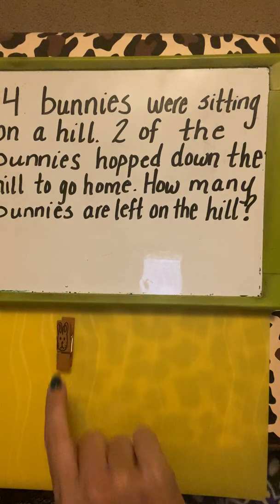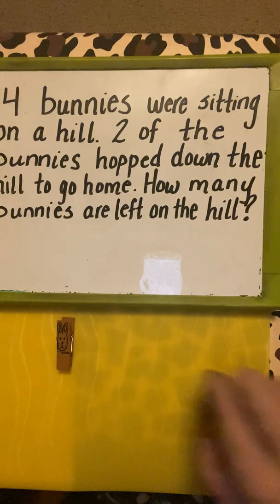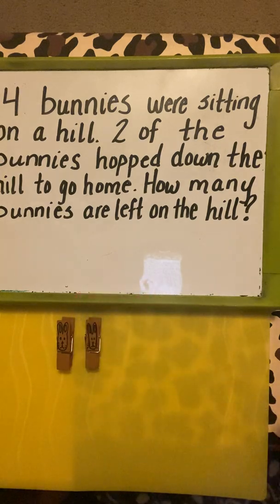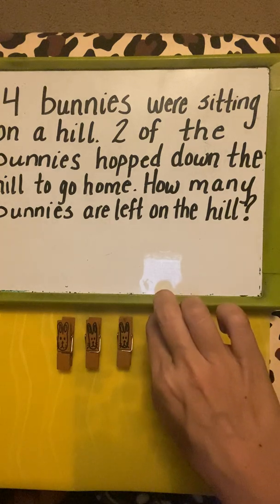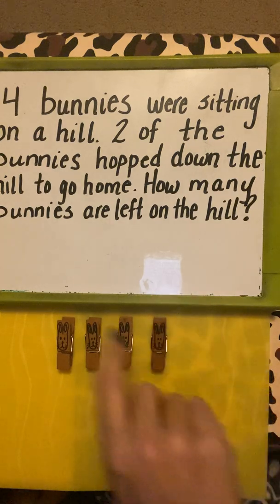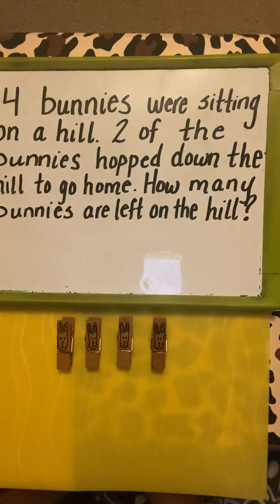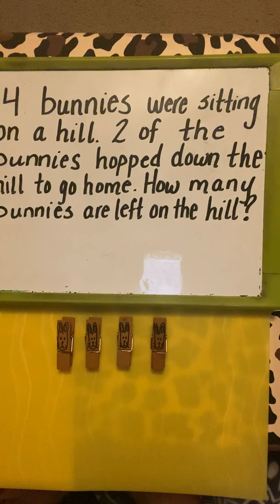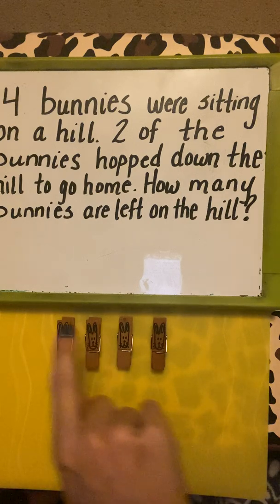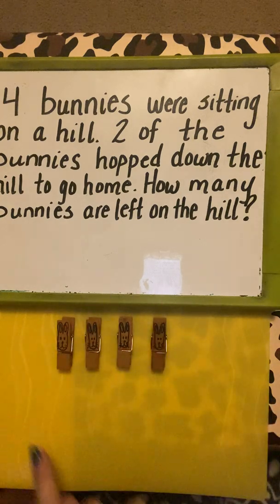See the little faces? So we have 1, 2 bunnies, 3, and 4. Again, I'm just reading this word problem. Okay? So how many bunnies were sitting on the hill at the beginning of the story? 4.